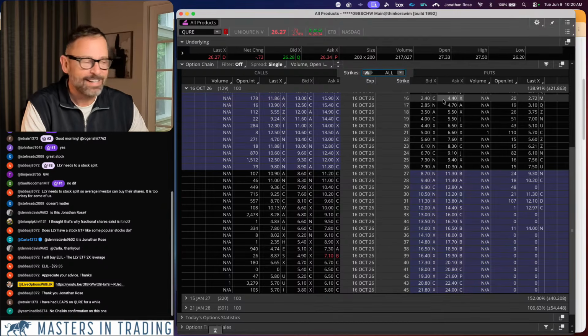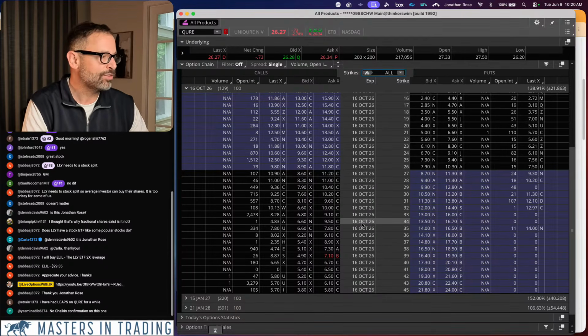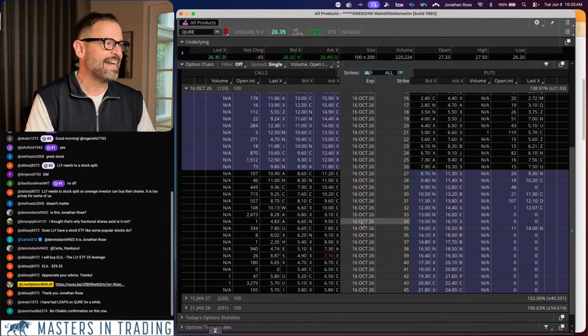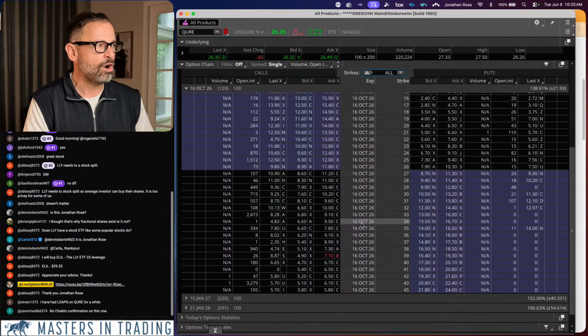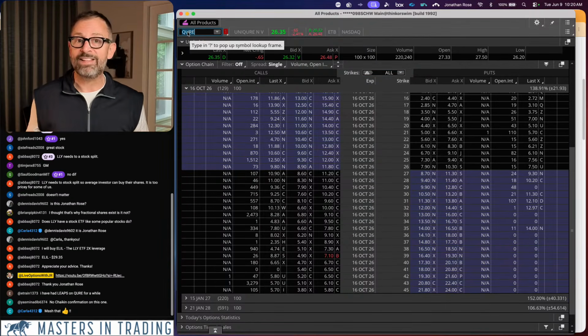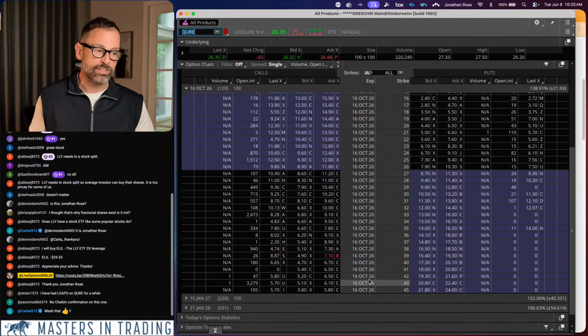The market has a massive skew to the upside. So buying the 33s, selling the 43s, taking advantage of that big, gnarly option skew, that's the way to play QURE. I'm bullish QURE. Awesome. You could buy the stock and sell some upside calls. That's not a bad play as well.